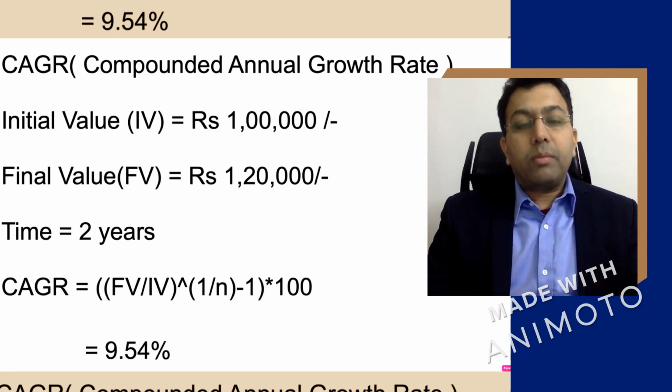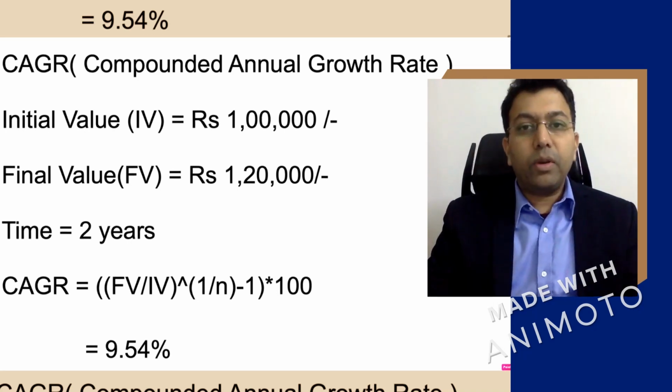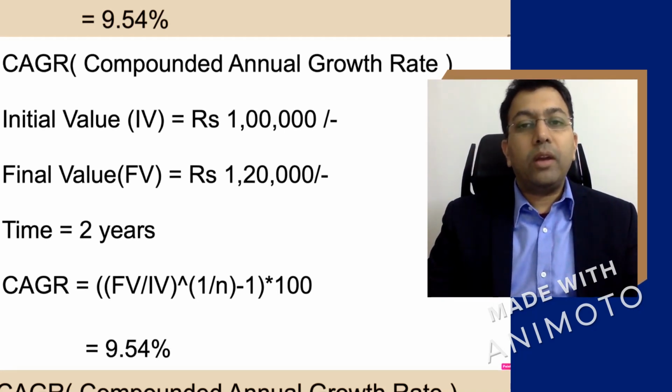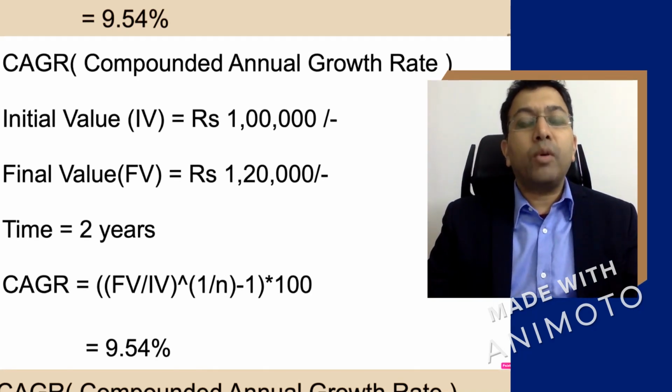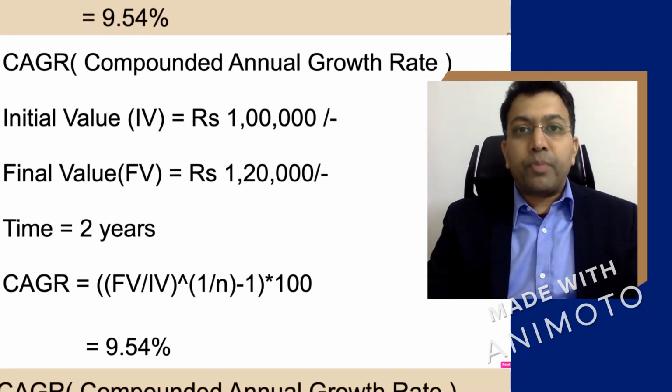So we use another method called compounded annual growth rate, that is the CAGR method. It's represented by the formula: the final value divided by the initial value, raised to the power 1 by n, where n is the time horizon of your investment, minus 1, and it's multiplied by 100. So you get your return calculation.